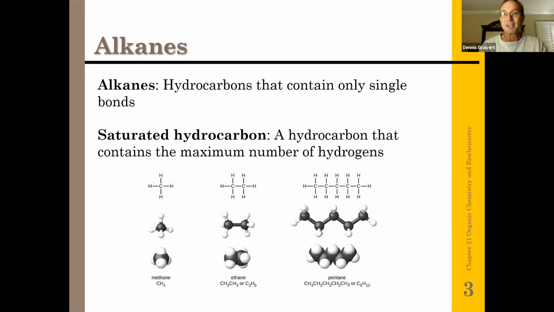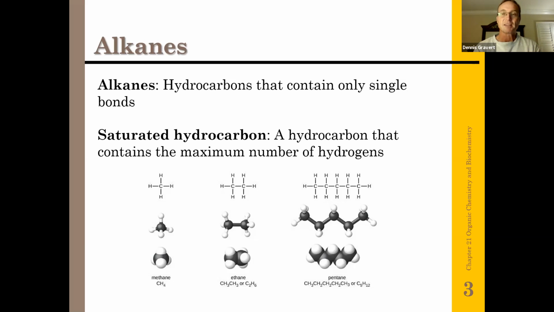And then we have a saturated hydrocarbon. Like if you dip a rag into a bucket of water, squeeze it out underwater, and then gently lift it up, so it's dripping wet, it's got the maximum amount of water on that rag, it's saturated. Hydrocarbons can be saturated too if they possess the greatest number of hydrogen atoms. Carbon bonds 4 times, and if all the bonds are single bonds, you can obtain the maximum number of hydrogens that way.